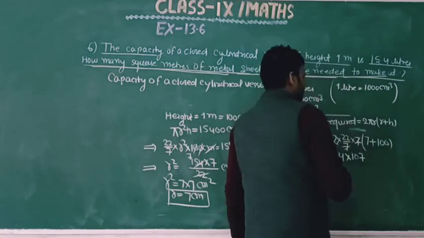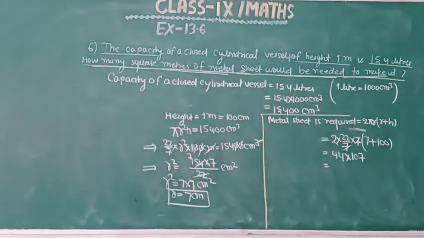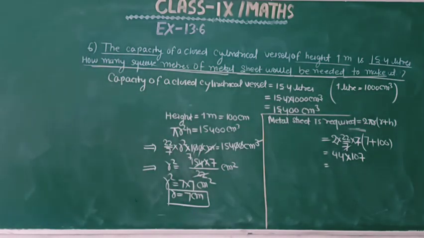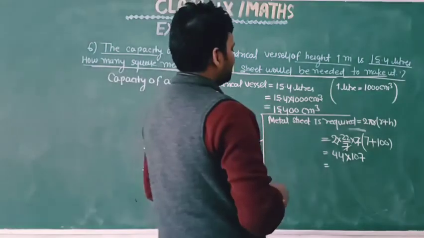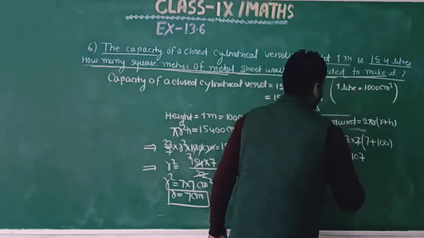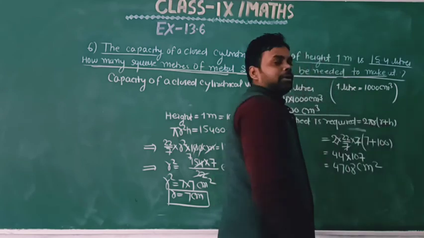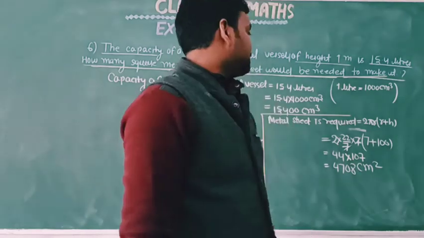Now multiply 44 by 107, and we get 4708 centimeter square.